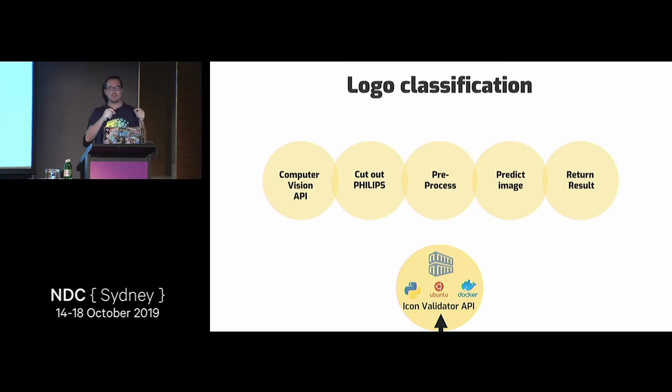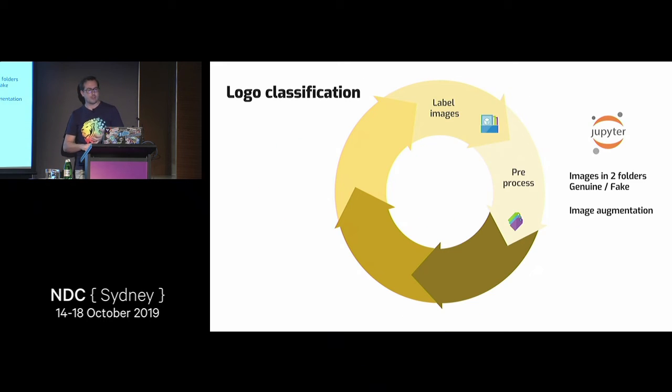We send that to a pre-processing function that puts the Philips logo straight, puts it in perspective, does some color balancing, transforms it probably to black and white, and some more things so that it really stands out. Then we run predictions against it with our model and return the result. It is also using the same configuration, same version of Python, same version of Ubuntu, and runs in an AKS cluster. So how does it work?